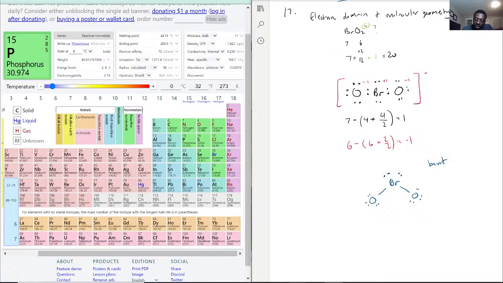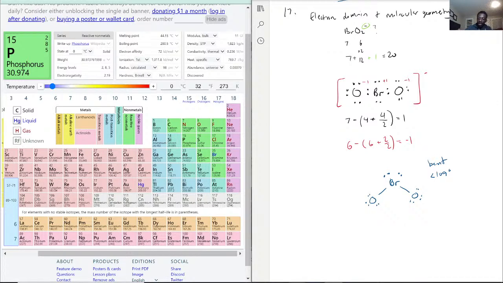I believe the angle is less than 104, something like that. Let me see here, because I wrote it down somewhere. For bent shapes, the angle is going to be around there. The lone pairs may influence the shape a little bit, but less than 109, so not 104, 109 degrees.